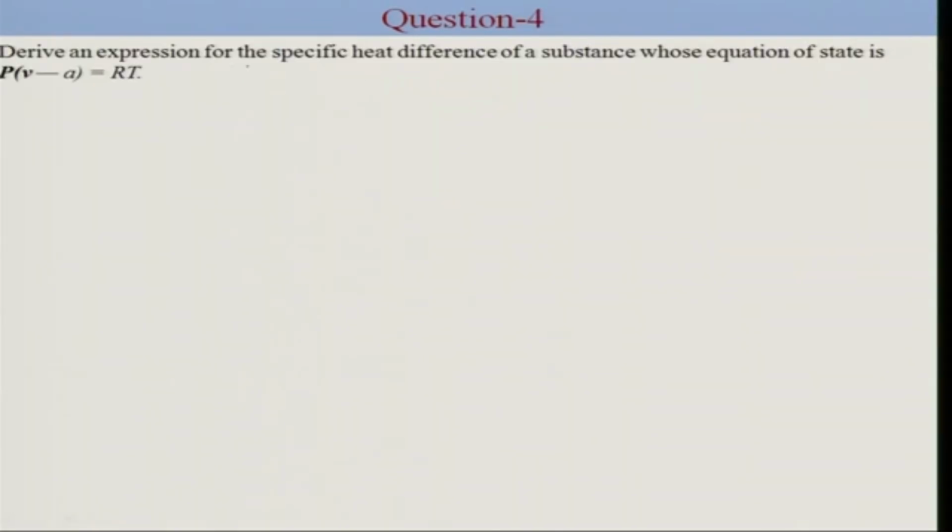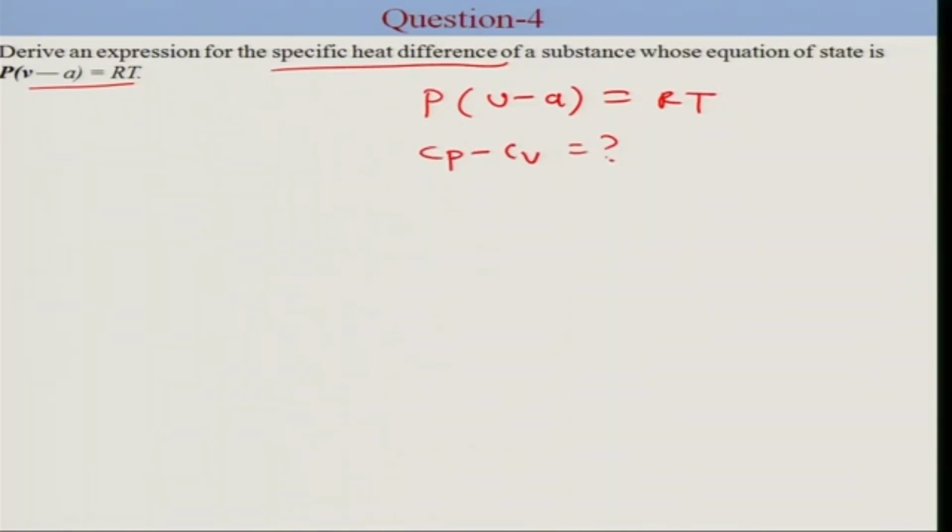Derive an expression for specific heat difference of a substance whose equation of state is this. It is given that equation of state is PV minus A equal to RT. And now, we have to determine the Cp minus Cv value. Since we know Cp minus Cv is equal to beta square Tv upon kappa, where beta is volumetric expansion coefficient, kappa is isothermal compressibility.